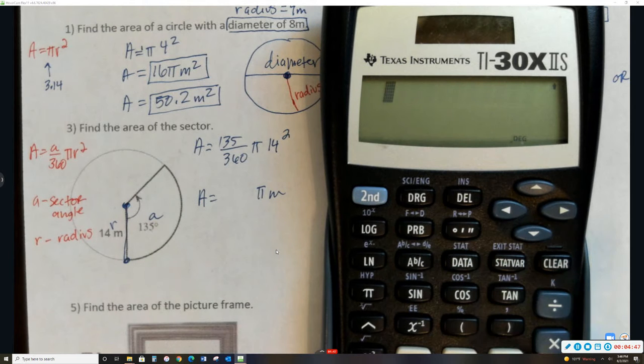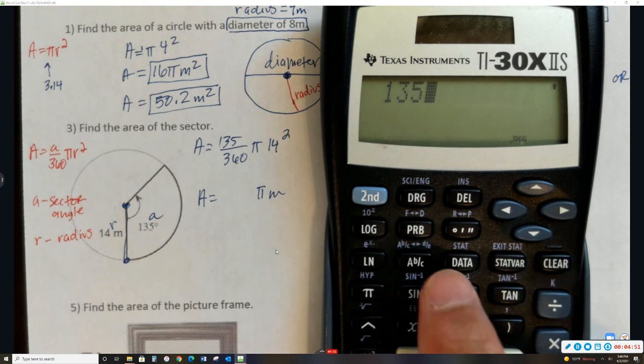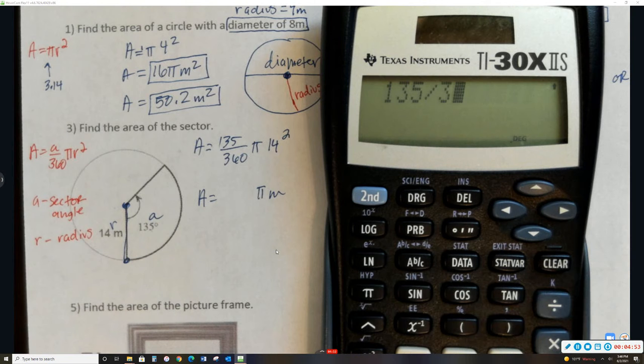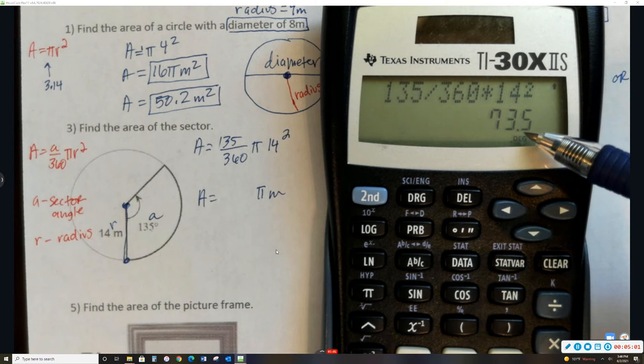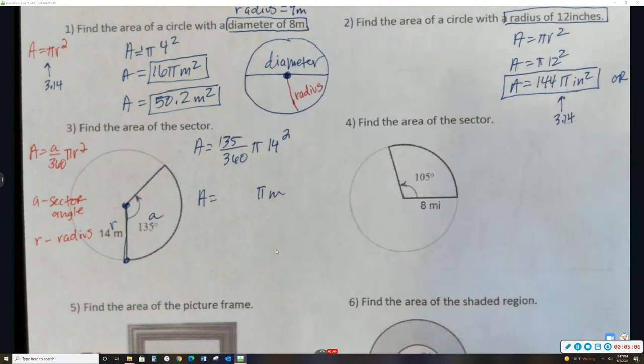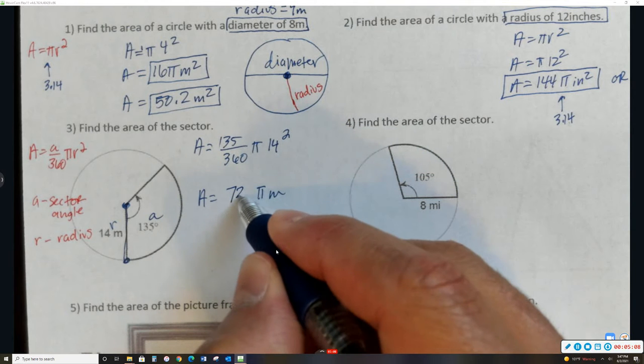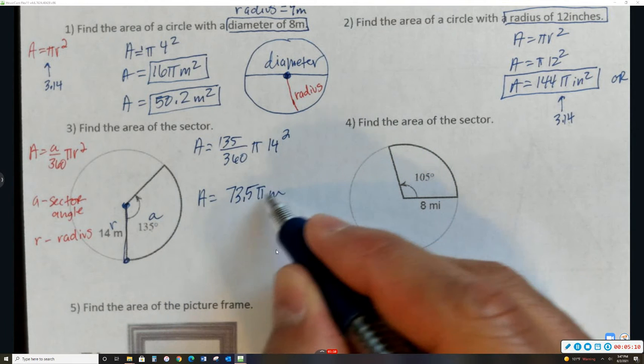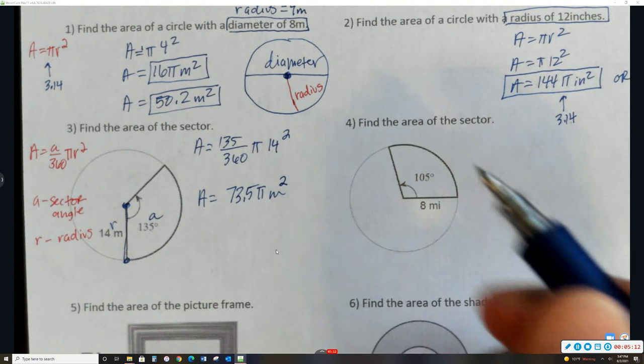So watch, I'm going to type in the 135 divided by 360 and times 14 squared. I get 73.5. We could change this to a fraction. I'm just going to leave it like that, 73.5. So I know my answer is 73.5 pi meters squared.